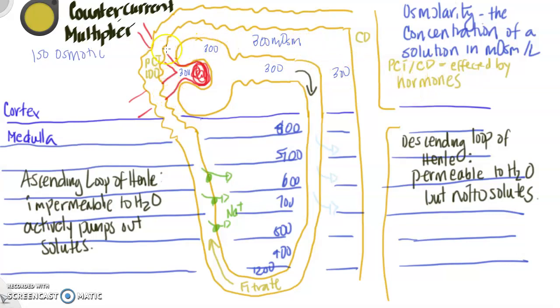Because as I said, we have the macula densa cells that are monitoring this filtrate as it goes into the distal convoluted tubule. So the distal convoluted tubule and the collecting duct are going to be affected by hormones such as ADH and aldosterone.